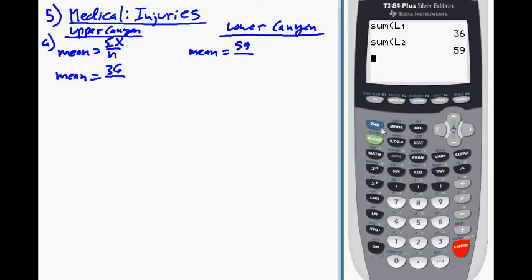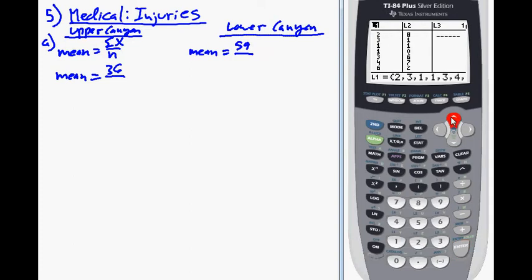Now we need to get how many data points there are. I can just go to the bottom. Looks like there are 11 in the Upper Canyon. And looks like there's 14 in the Lower Canyon.